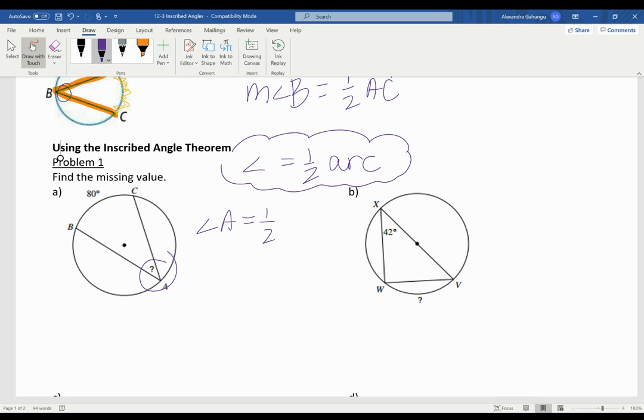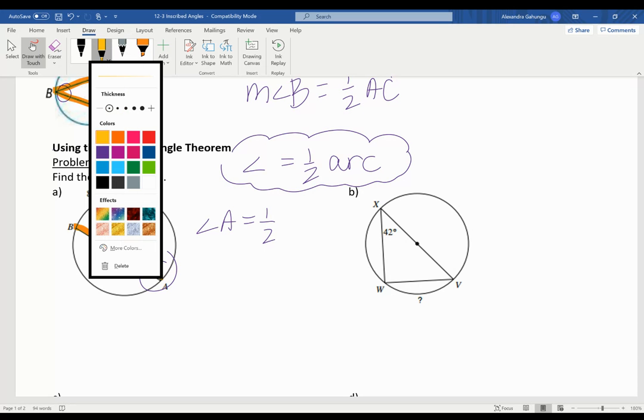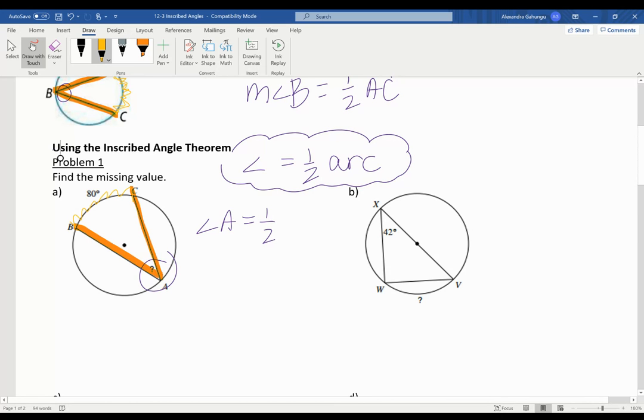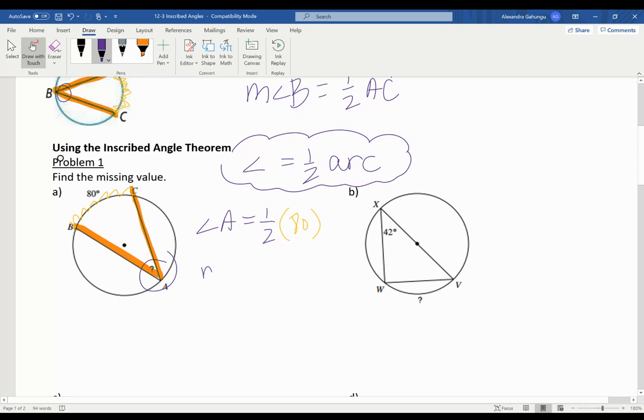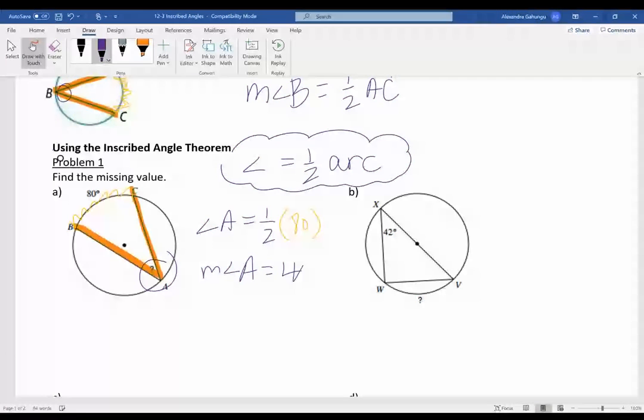And if I follow the chords that make up angle A, it goes AC, AB, and I notice that the arc they're cutting off is arc BC, so it's going to be half of arc BC, which is 80. So the measure of angle A is going to be half of 80, which will be 40.